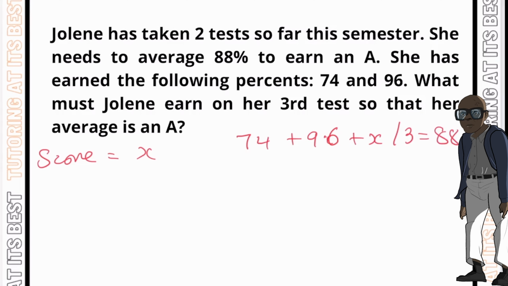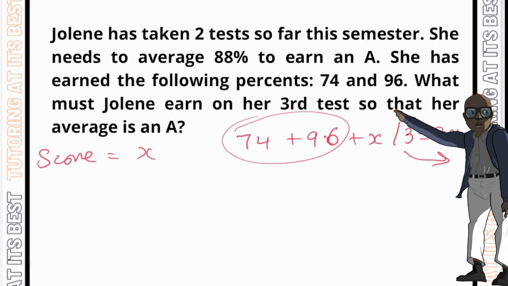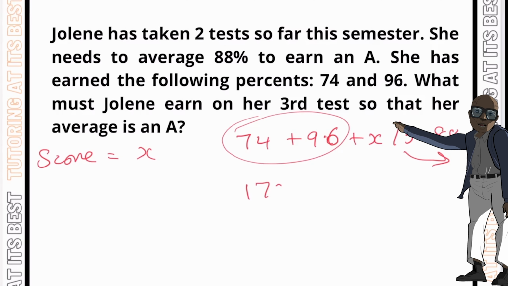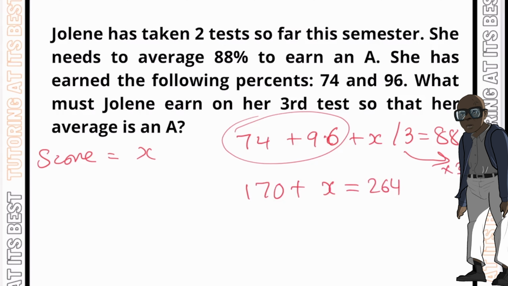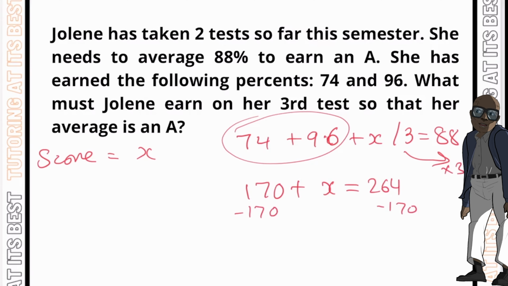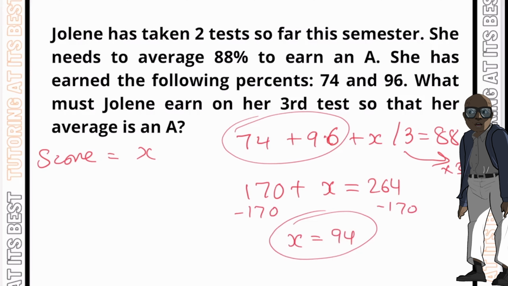So what are we going to do? We're going to multiply both sides by 3 and then add the remaining values, which means we're left with 170 plus X equals 264. And then if we subtract 170 from each side, we'll then get the value of X, which is 94. Therefore, Jolene needs to earn a score of 94% on her 3rd test to achieve an average of 88%.